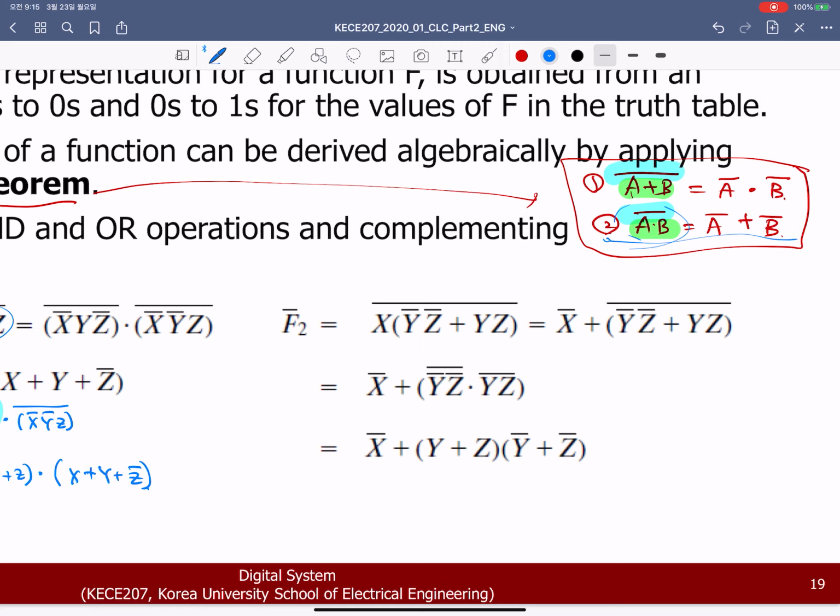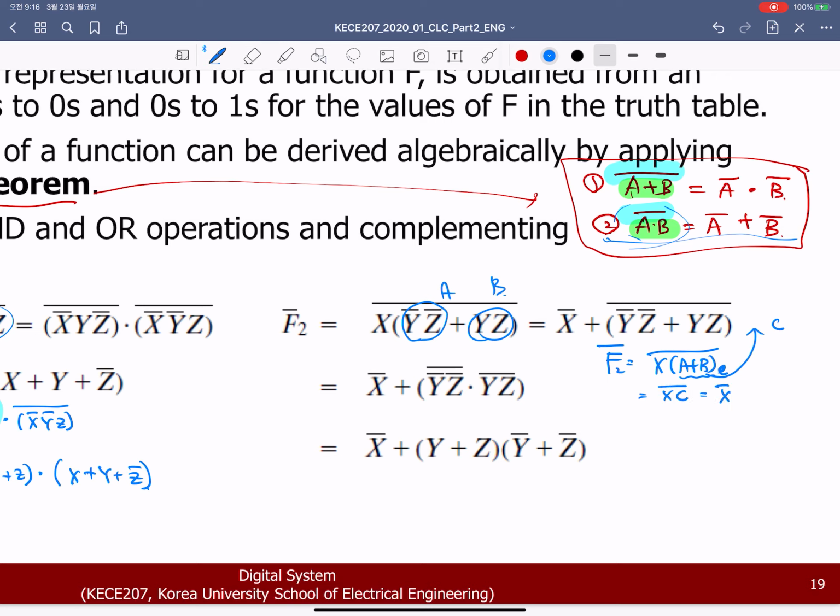So let's go for a little bit more complicated one. In F2, this is x, this is a, this is b. Okay, so F2 is x times a plus b bar. F2 bar is just like that. So now you can imagine that this is another variable, capital C. Okay, this is capital C. So now it is the same as x bar c, right?